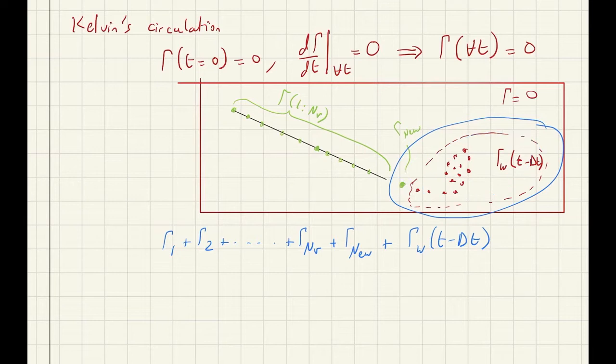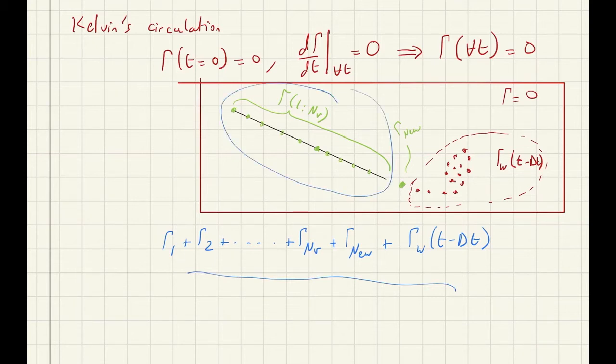So we were missing this vortex. Essentially, this is a statement saying that the circulation sum of this bit here, plus the newly shed vortex in this time step, plus the circulation of the wake in the previous time step, all that should sum to 0.